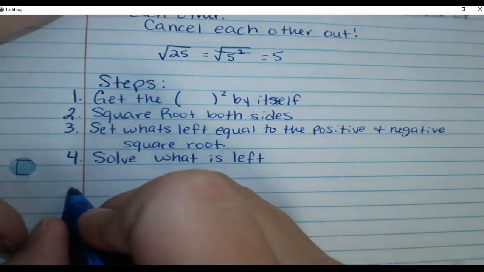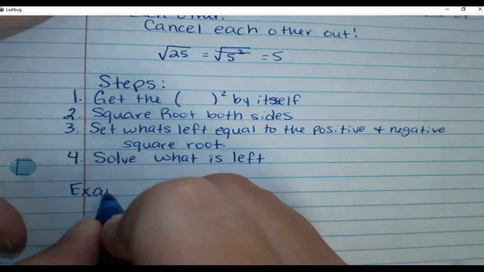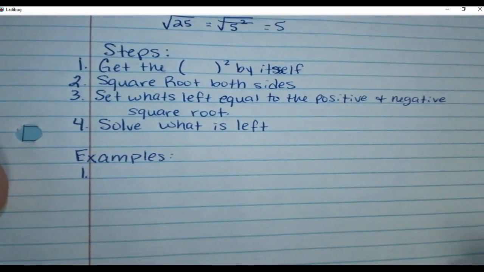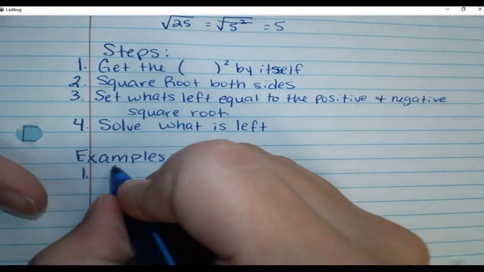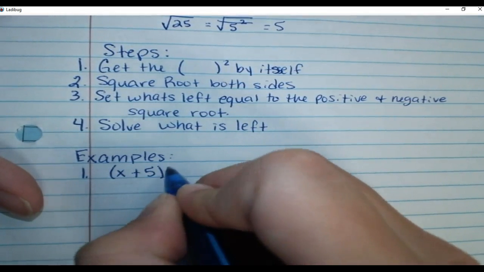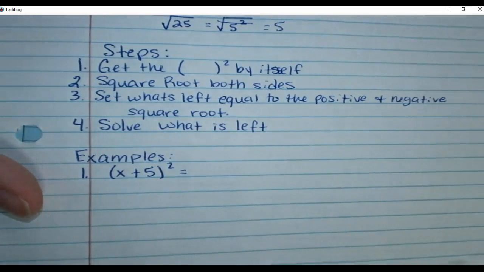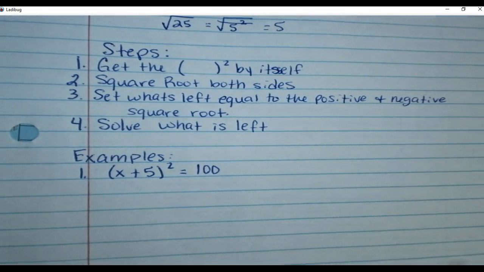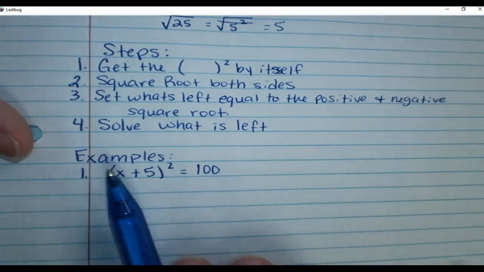Alright, let's do one. So let's say we have (x plus 5) squared equals 100. Okay. So our first step is to get the parentheses squared by themselves.